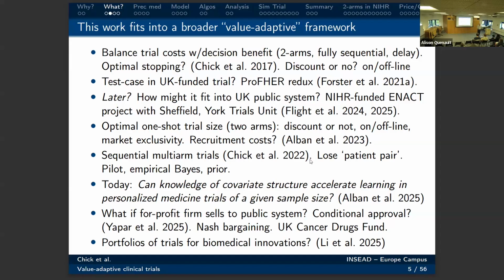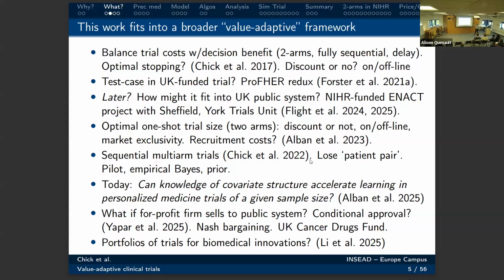We've taken a Nash bargaining, cooperative bargaining approach, and it turns out we get some very interesting insights, particularly with respect to some of the ways that the UK Cancer Drugs Fund is trying to encourage innovations for oncology drugs. I don't think I'll have time to chat too much about that today.